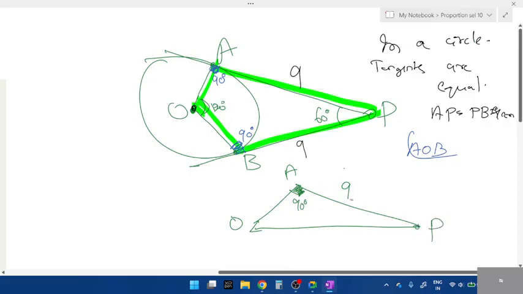This one is P. If this is 9 centimeter, if this is 25, students, which concept do we use to find OA? 90 degree, a right angle. Hypotenuse concept, right? Pythagoras theorem. So you'll get Pythagoras theorem based questions. But OP is not given. We'll try that later. You'll get questions like this. Tangent question.